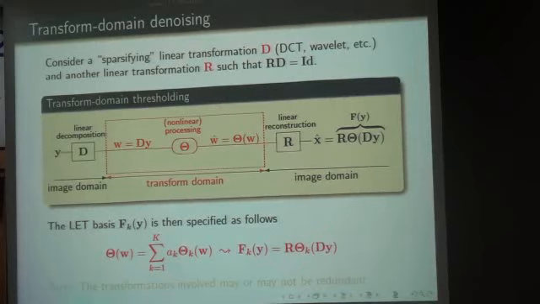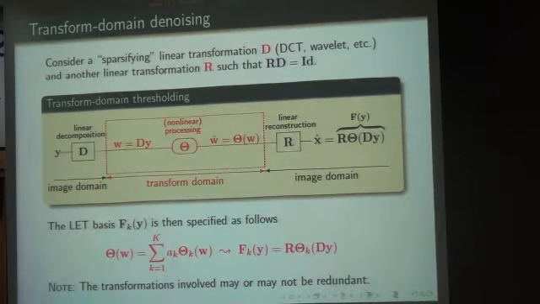So in the end, our elementary processings look more like that. Here you see there are no assumptions about R and D, except that they are somewhat inverse of each other. They may or may not be redundant. This is also another good thing because redundant processing actually involves lots of dependencies between subbands, which people usually have difficulties modelizing.